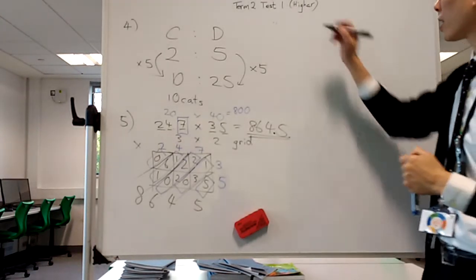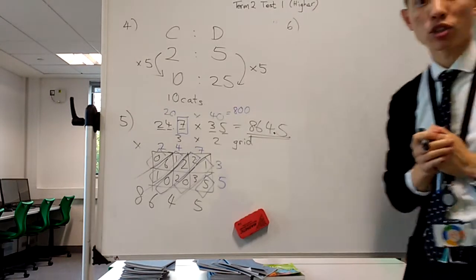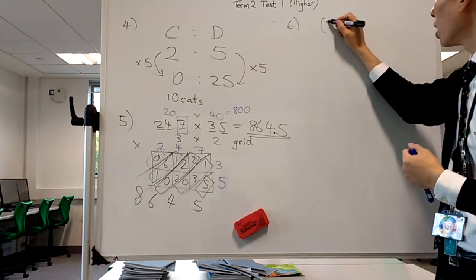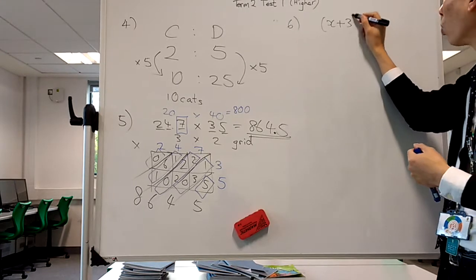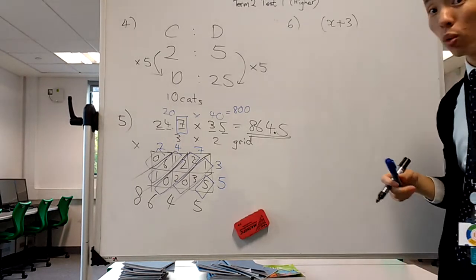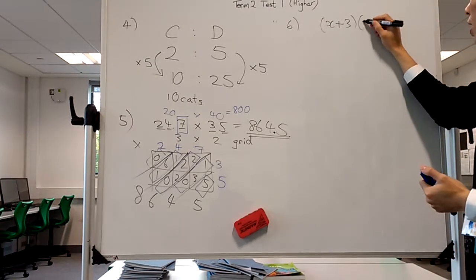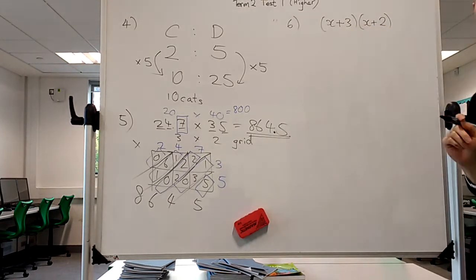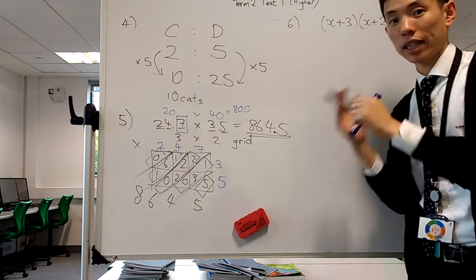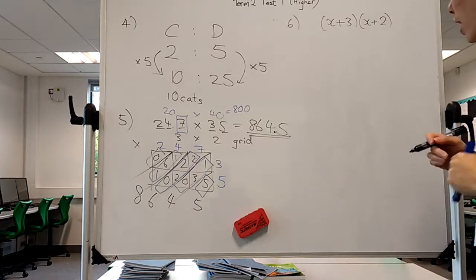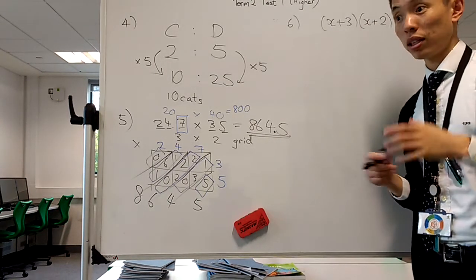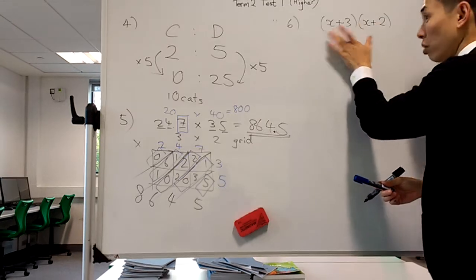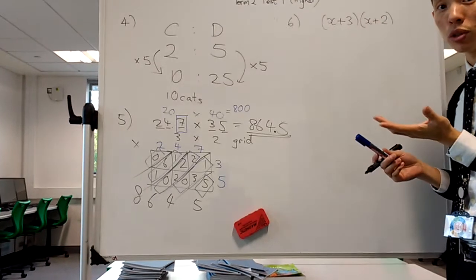So number 6. I love this question because usually over the last 9 years, the old exams, always we expand 2 sets of brackets. Well, at Excel, our exam board decided that, well, let's not make students think that we always only multiply 2 sets of brackets.